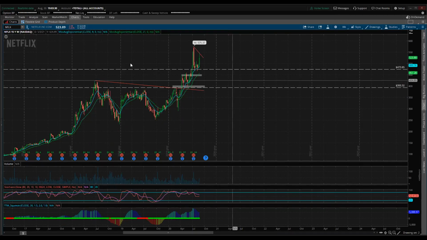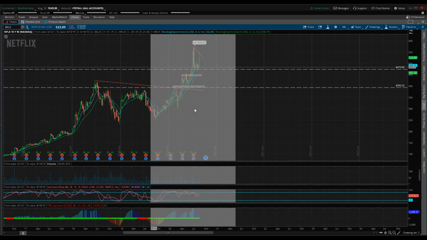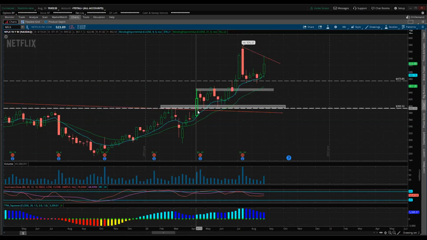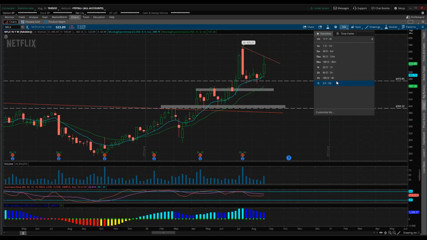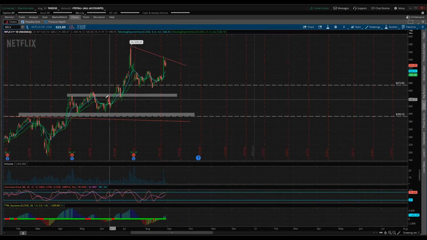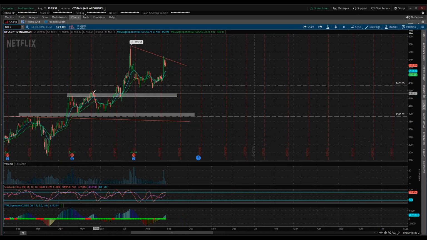As soon as we got this push above this price, we saw a move from about 390 to 450 the same week. And then we saw a resistance at about the 450 area. We tried to break it again, but it couldn't.